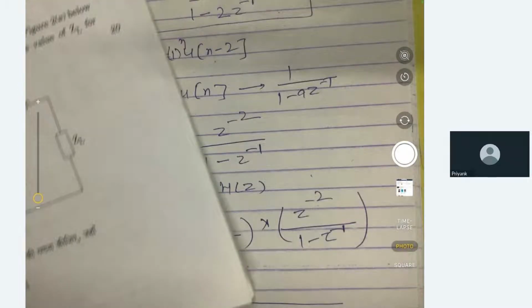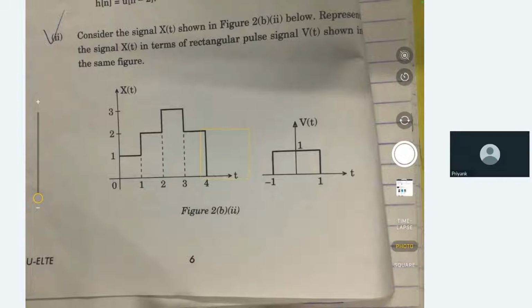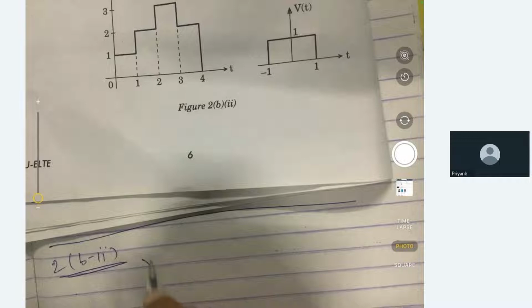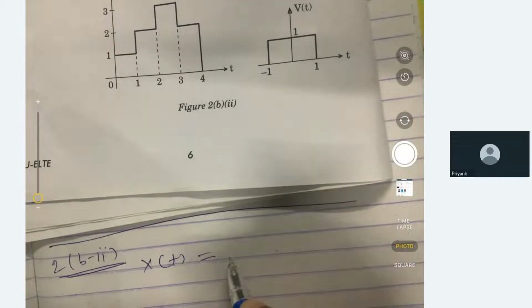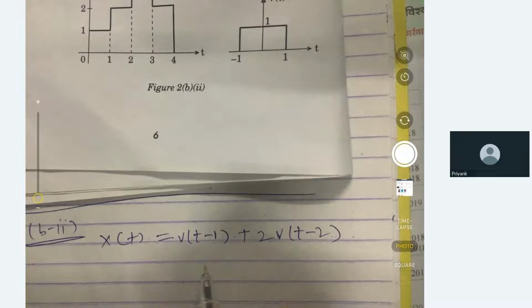Okay, so now 2B is very easy. I think we just need to write x(t) in terms of v(t). So x(t) will be equal to v(t minus 1) of v(t minus t upon 2).